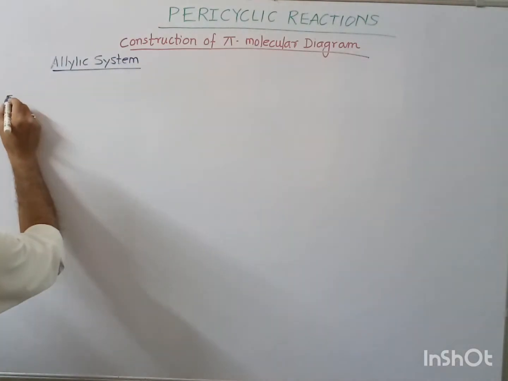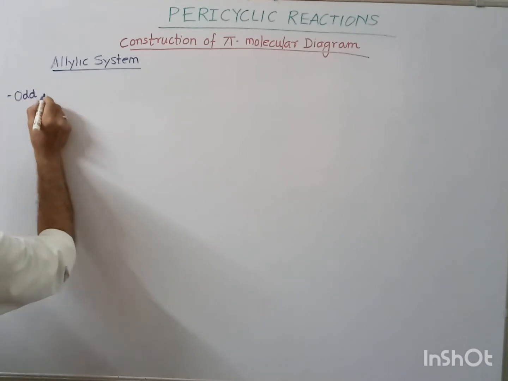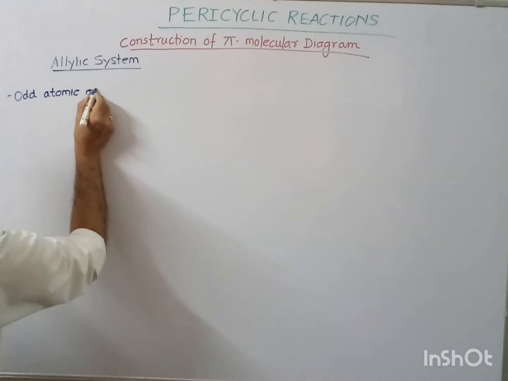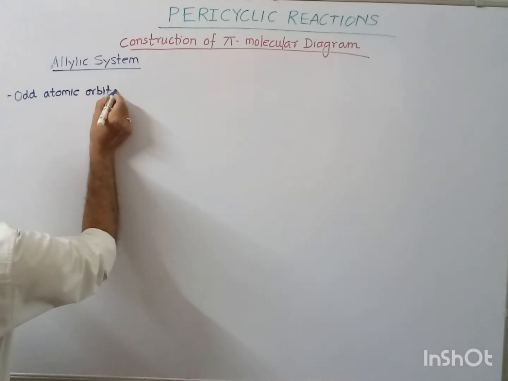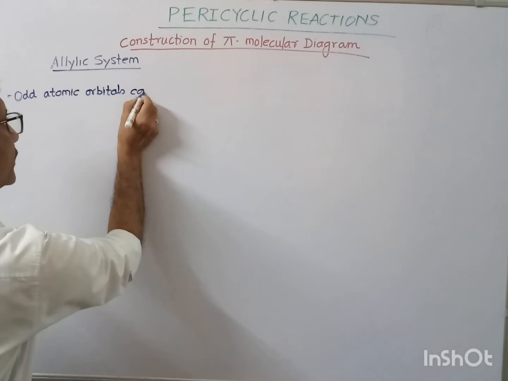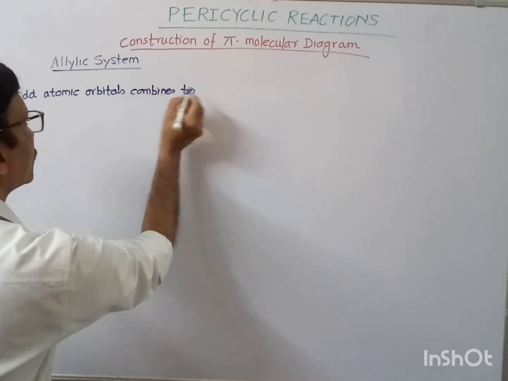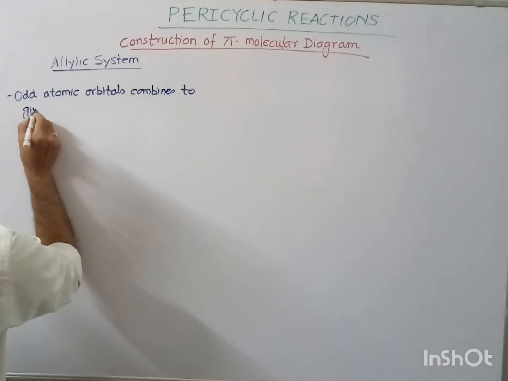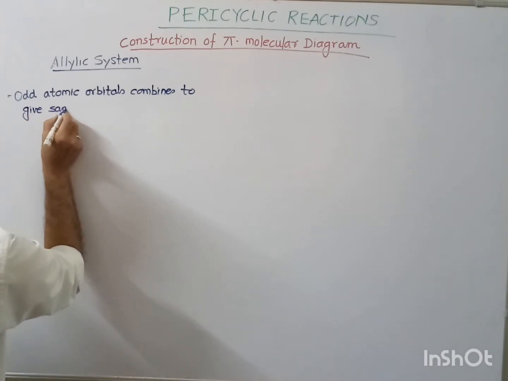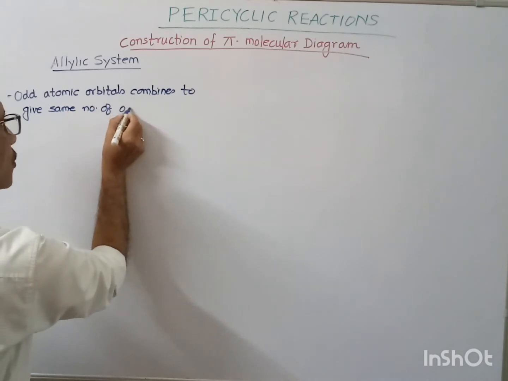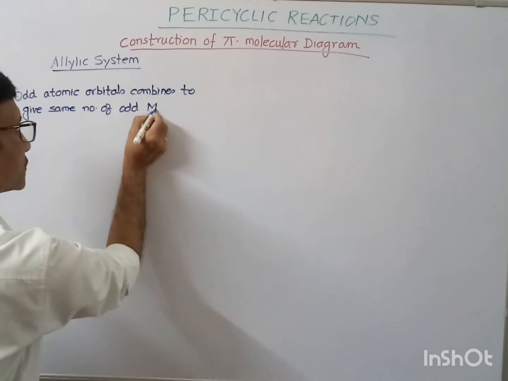So one of the rules: odd atomic orbitals combine to give the same number of odd molecular orbitals.